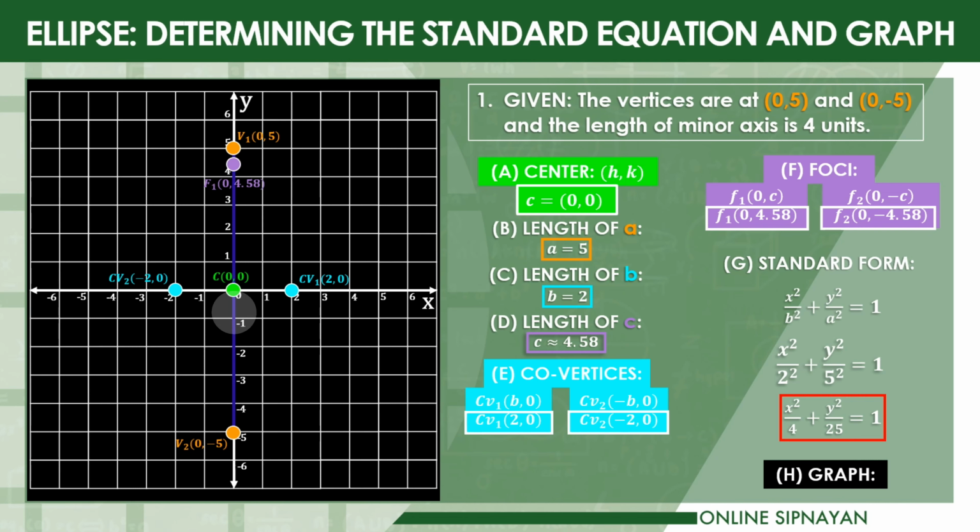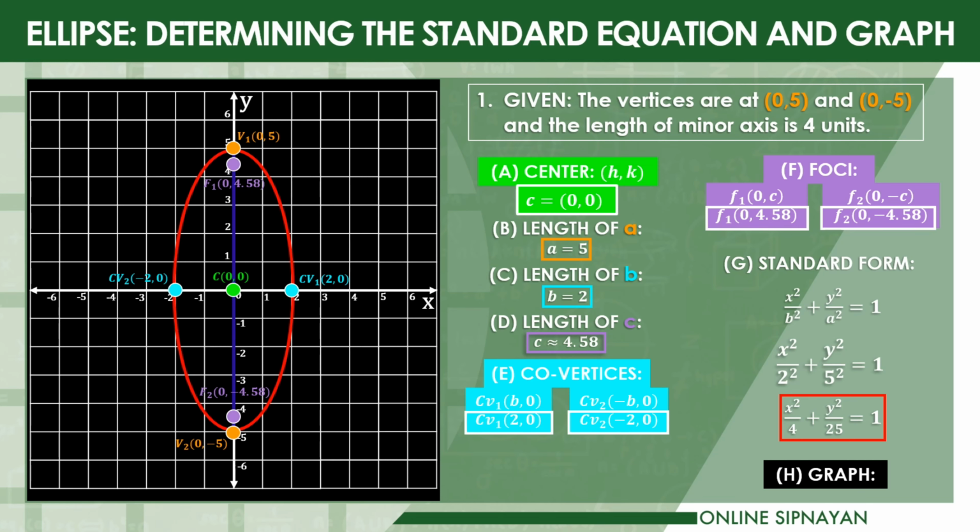And if you count 4.58 units going down, we'll get to the point where focus 2 is located, which is at (0, -4.58). Connect the points to see the graph of the ellipse.